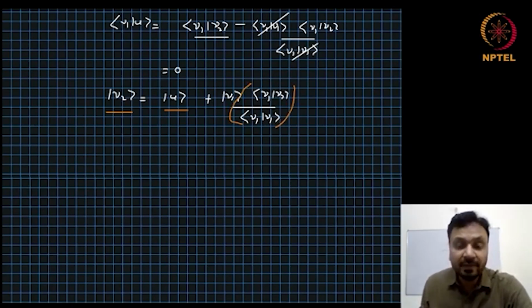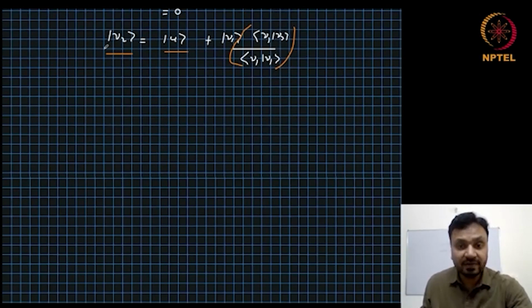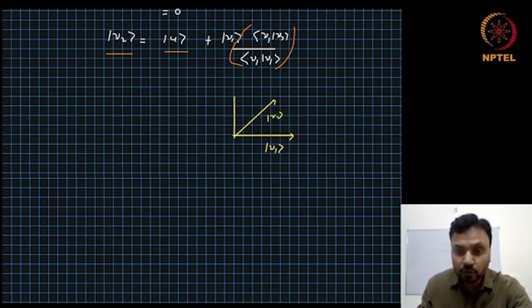So v2 can be written as two orthogonal vectors, and if we want to represent it graphically, we have v1, we have v2, and we have u, and we are writing v2 in terms of u and v1 with appropriate weights.